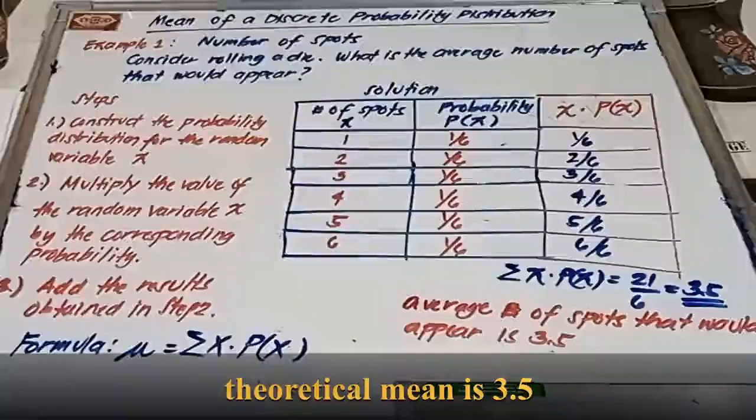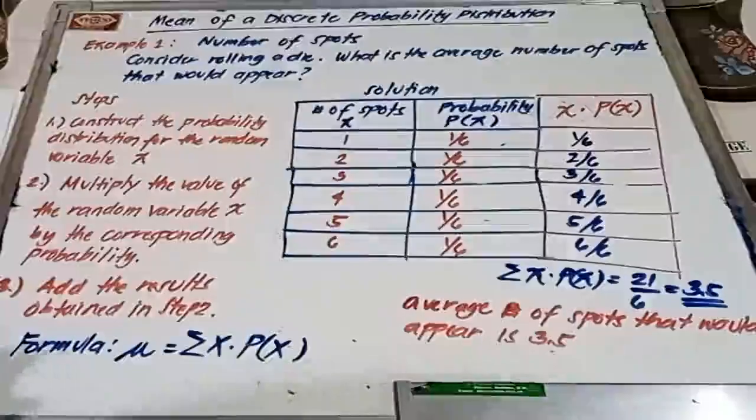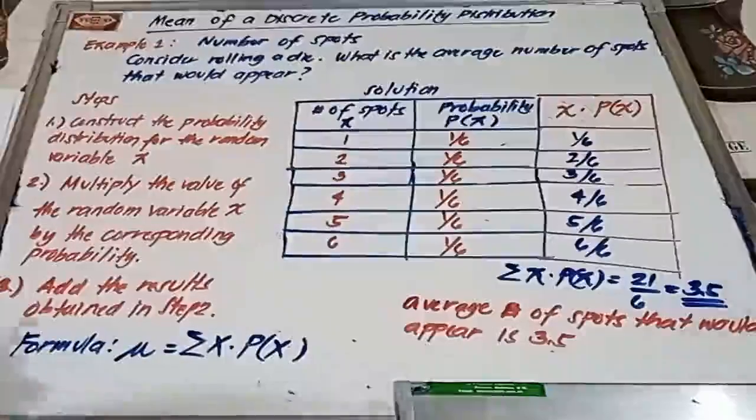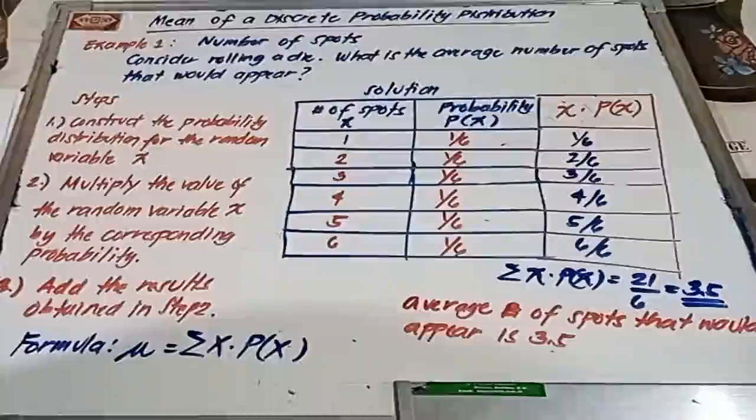Okay? The theoretical mean is 3.5. Okay? So pag nag-roll ka na napakaraming beses, no, ang theoretical mean is that it would appear 3.5. Okay? So this is example number 1 for the topic about mean of a discrete probability distribution. Thank you.